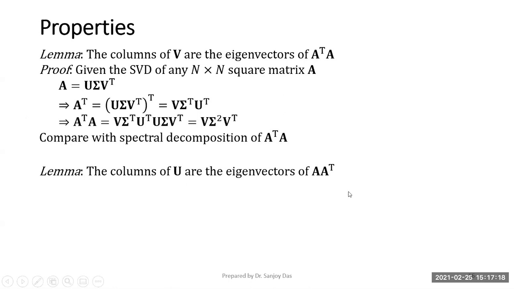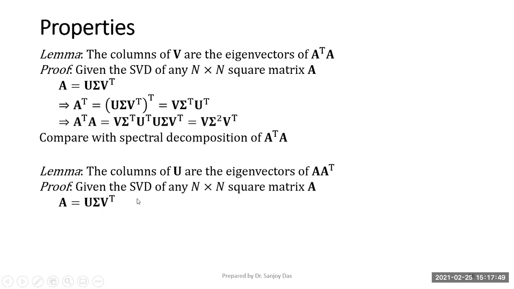The columns of U are the eigenvectors of A A transpose. Now here I'm taking a larger matrix. If I pick an M by N matrix with M more than N, a tall matrix A, then A A transpose would be a bigger matrix, M by M. And so the columns of U are the eigenvectors of A A transpose, and I proceed in exactly the same way.